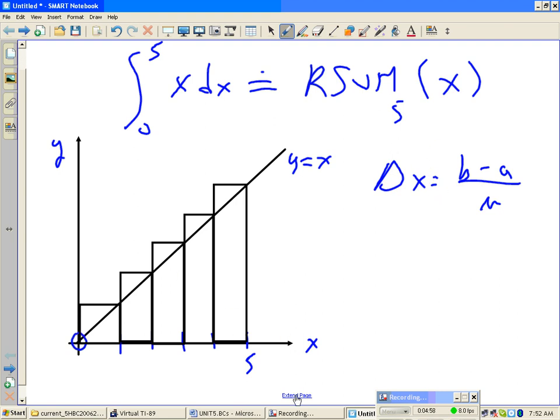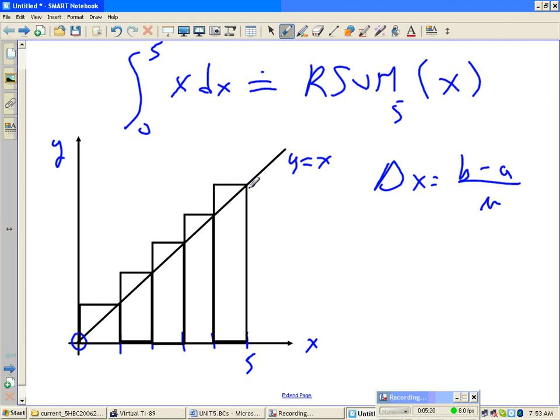Okay, so how do you estimate the area? Now let's pretend for a minute that we don't know the area under this curve. By the way, it's sort of silly to do an integral here. What is the area under the line? Forget the rectangles for a minute. Isn't this a triangle? Do you really need an integral for this? No. So what's the base of the triangle? What's the height?